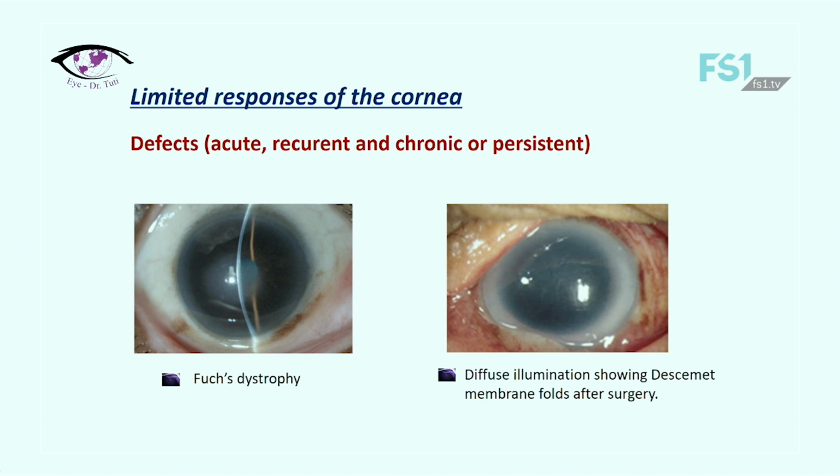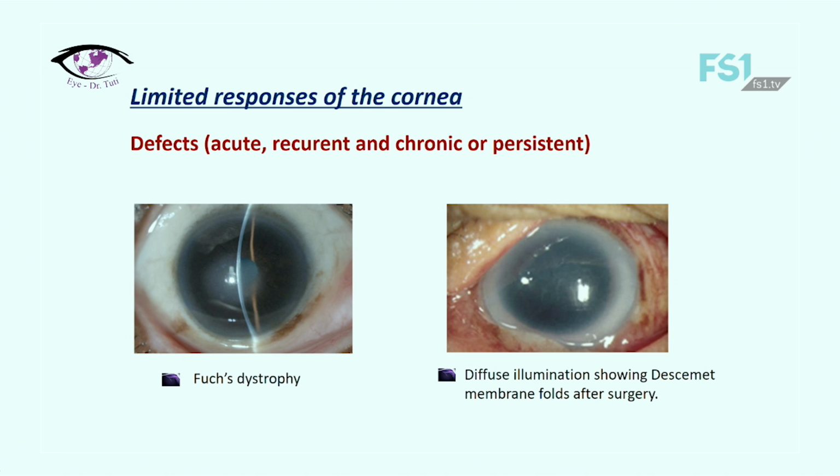Defects. Defects can be acute, recurrent, and chronic or persistent. Of all corneal layers, Descemet's membrane has less tensile strength than full-thickness stroma. Therefore, conditions in which the cornea is stretched may produce breaks in this membrane, stretching Descemet's membrane horizontally and creating vertical or oblique breaks.